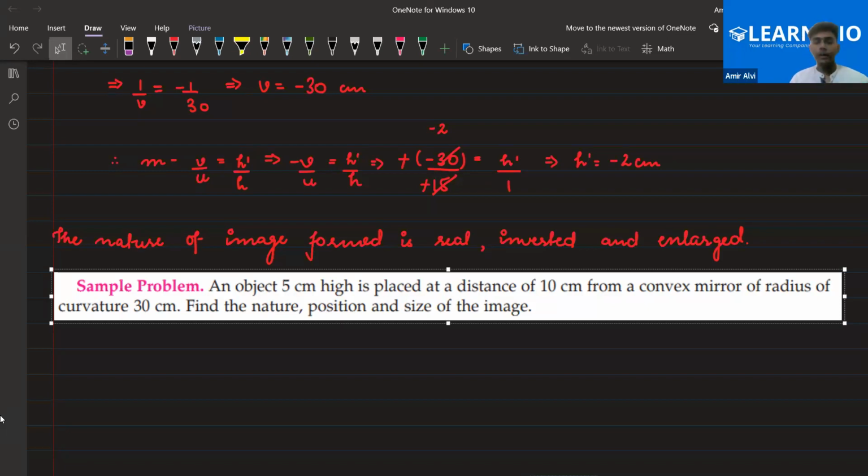So I've discussed the mirror formula. We have done one question based on the mirror formula. We are doing the second question. Please do try it.